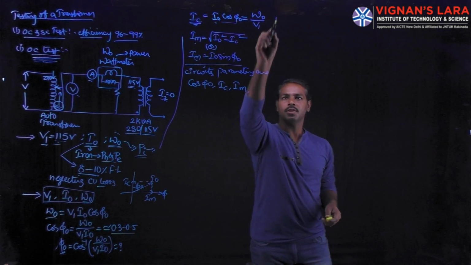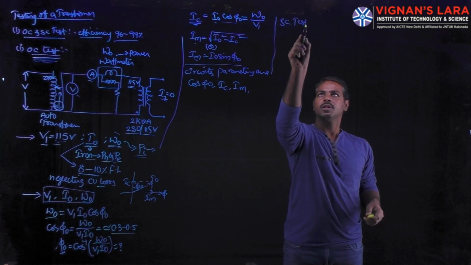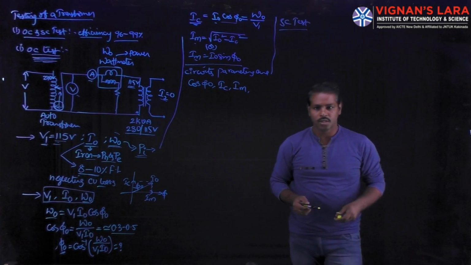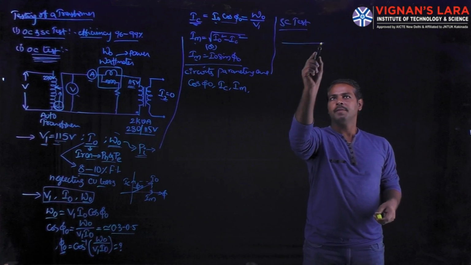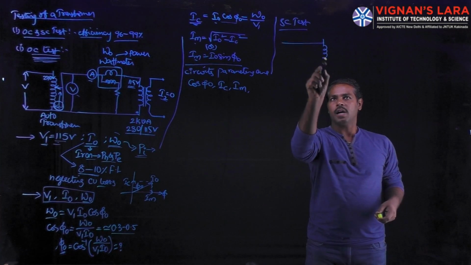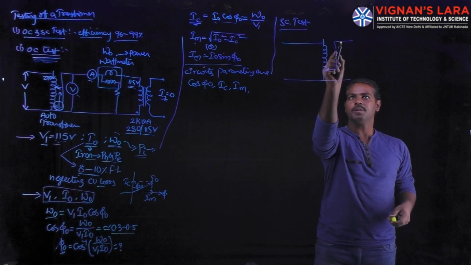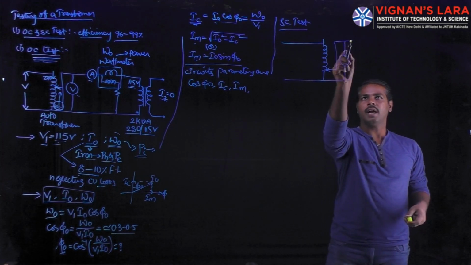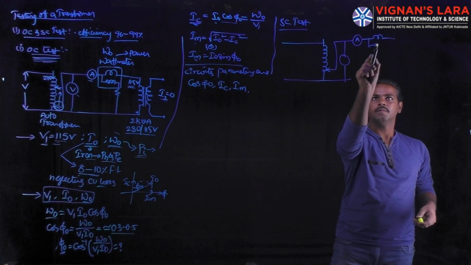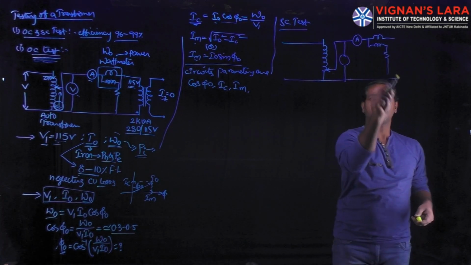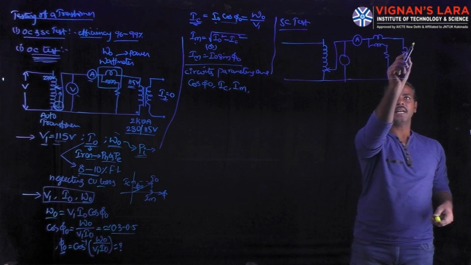The second one is the short circuit test. In this test, the variable supply through the autotransformer is connected across the voltmeter and ammeter, across the primary of the transformer.